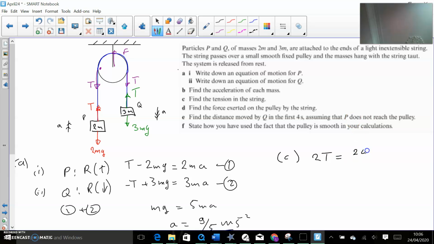That will be 24 over 5 g newtons. And therefore F will equal 2T, the same amount, 24 over 5 g, because the pulley itself isn't moving, and so the forces there must be equal. Total force must be equal to 0.